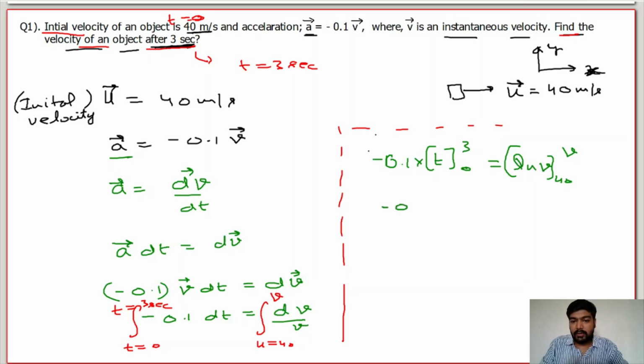Now we put the value 0.1 into 3 minus 0, which is 0.3, equals ln v minus ln 40, that means ln v upon 40.